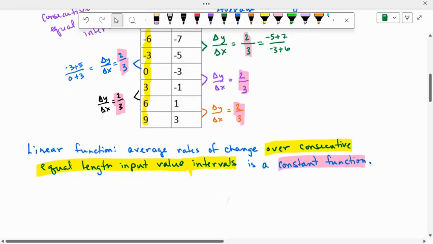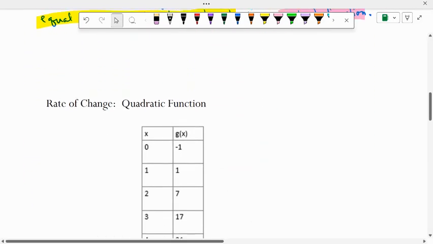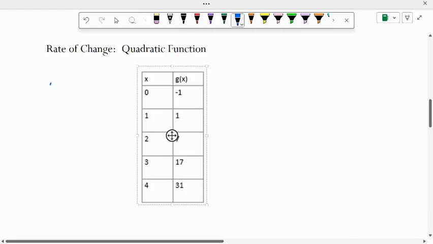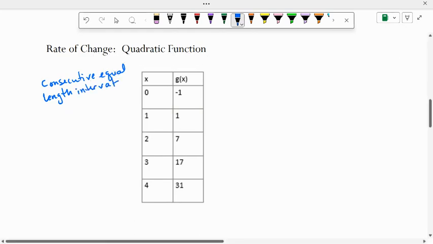What if I look at the average rate of change over a quadratic function? Again, notice I have consecutive equal length intervals for my input values.